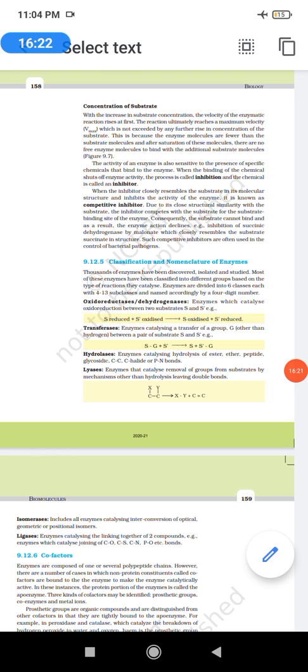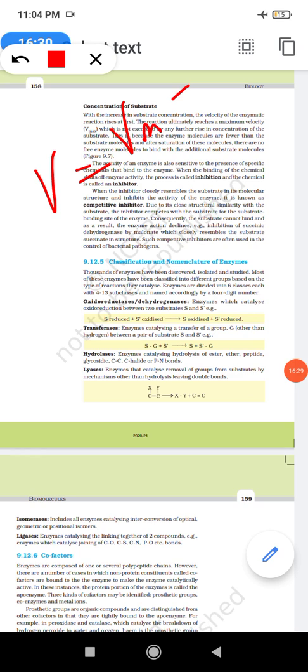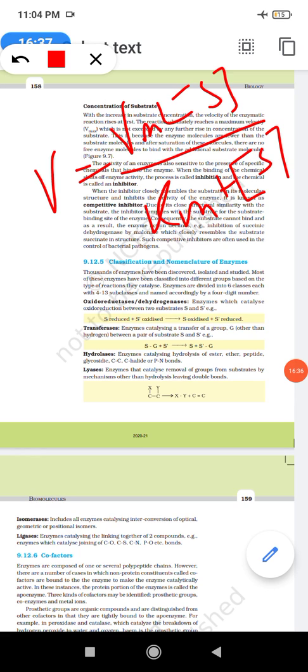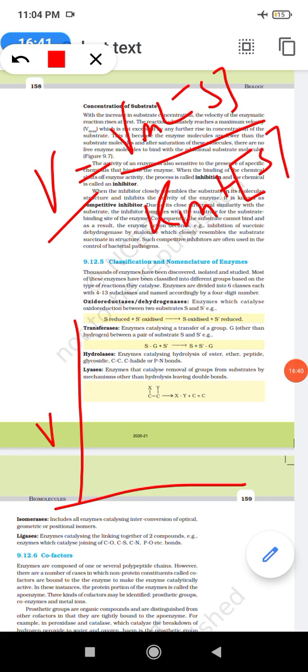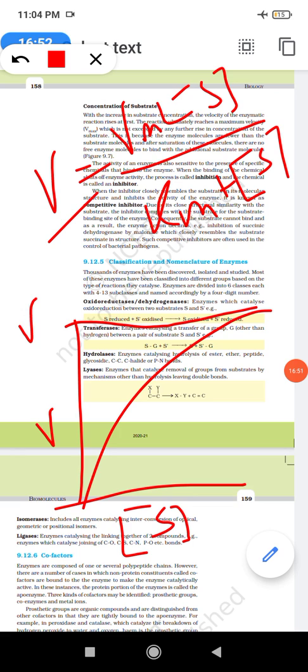Now the reaction that takes place in an enzyme is given by the equation V = Vmax S / (Km + S). So what is it? V is the velocity. If I plot a graph of the velocity against the concentration of the substrate, this might be the graph. Now this is Vmax.